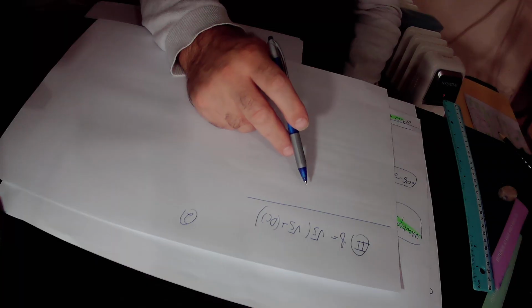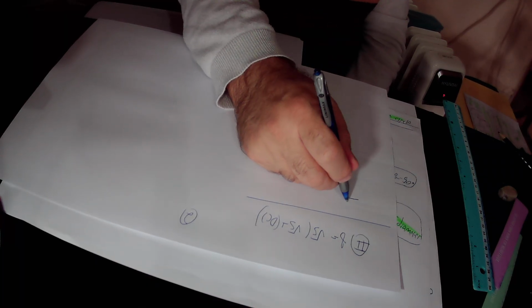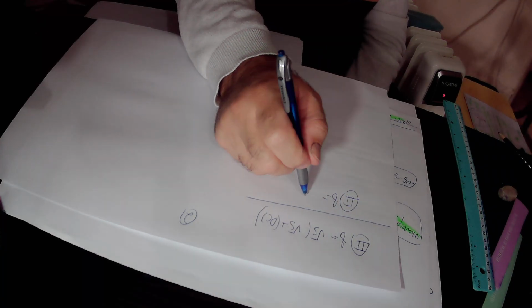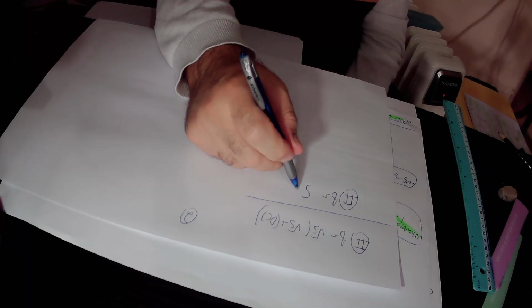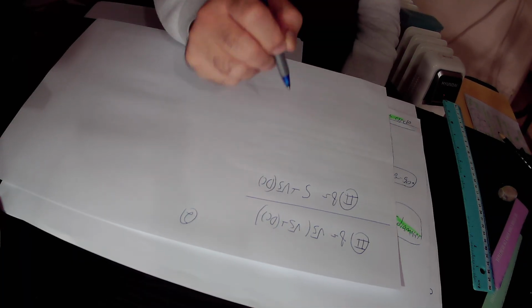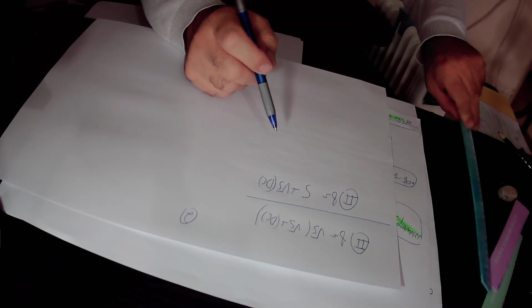Here we will open the brackets on this side of equation 2, and we get that 8 equals the square root of 5 times the square root of 5, which is 5, plus the square root of 5 times DC. So in total 8 equals 5 plus the square root of 5 times DC.